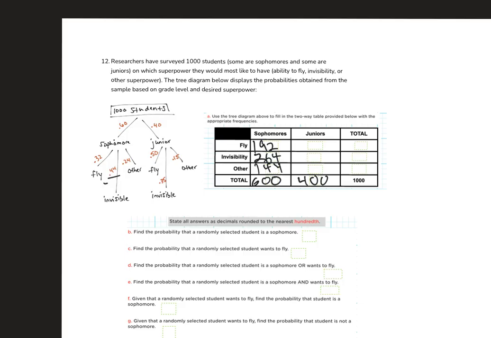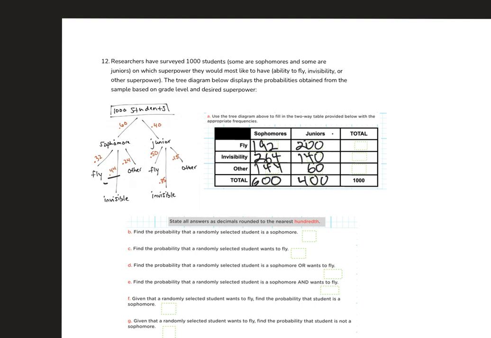Okay, for juniors, then 0.5 would prefer to have the superpower of flying, so that's 200 out of the 400. 0.35 would prefer to be invisible, which would be 140. Again, that's 0.35 times 400. And other would be the remaining 60.